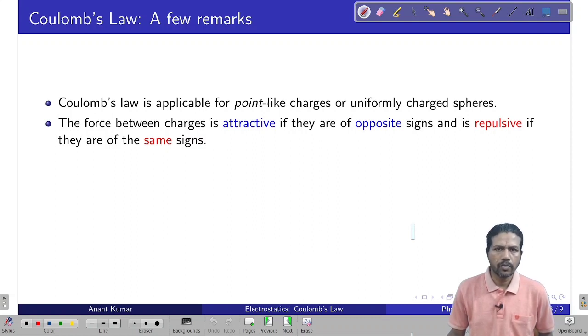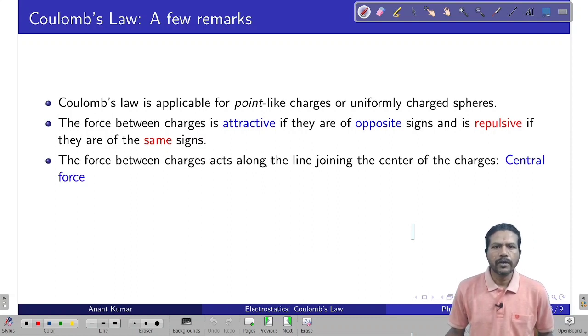This is already a known fact. Already looked at that in the last video actually. The next property that we should keep in mind is the fact that the force between the charges acts along the line joining the centers of the charges, or if they are spheres, the centers of the spheres. This is actually a property of something called a central force, and that makes the Coulomb force also a central force.